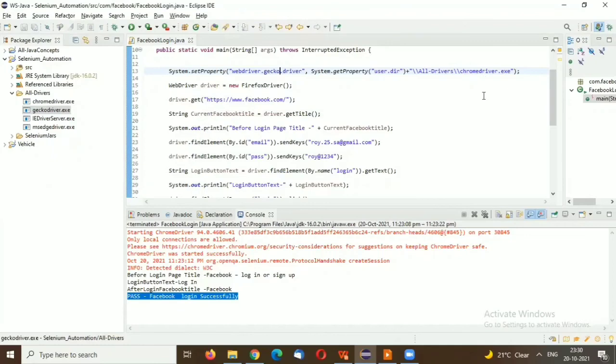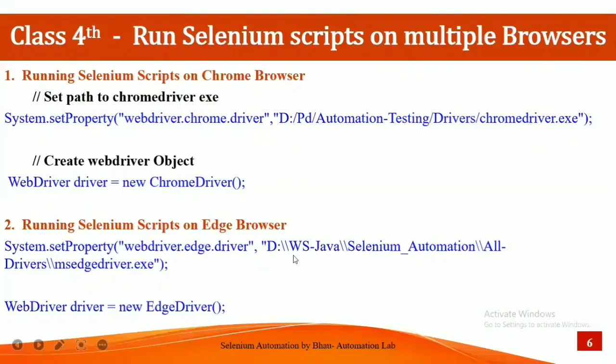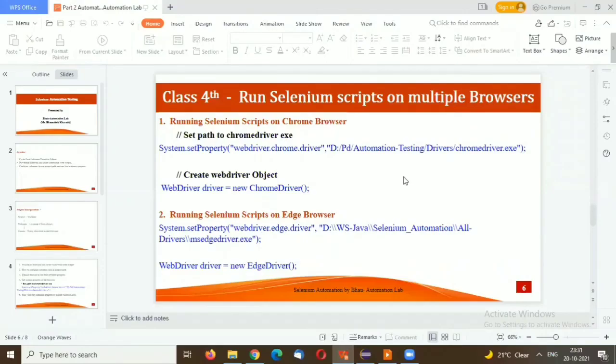driver to geckodriver.exe. So whenever you want to run your script on Mozilla Firefox, then you need to change to geckodriver, and you need to set up the WebDriver object as a Firefox driver. Okay, and need to assign the WebDriver object to FirefoxDriver, and just change this gecko driver.